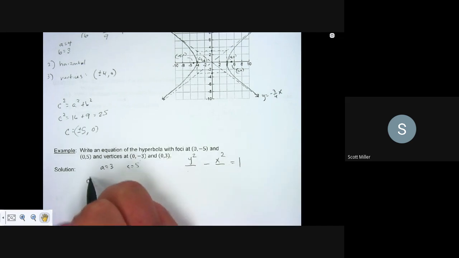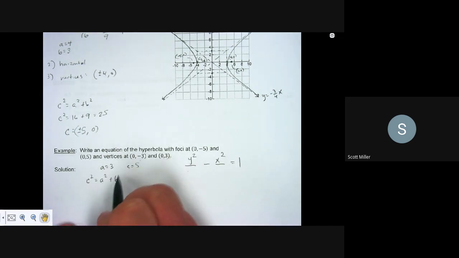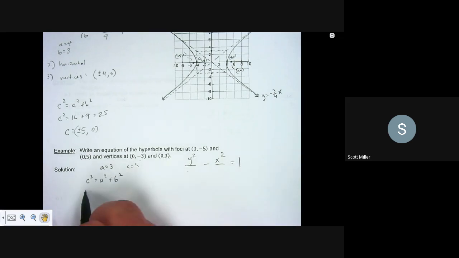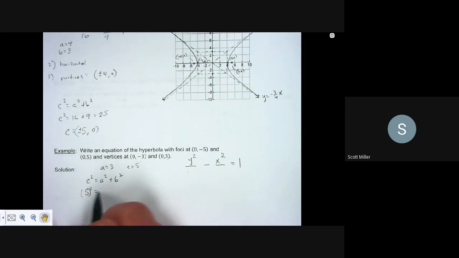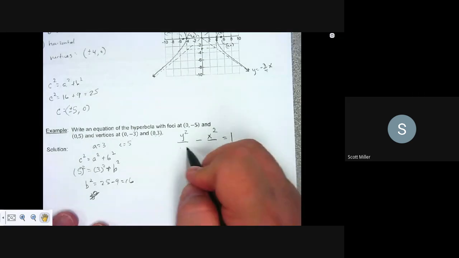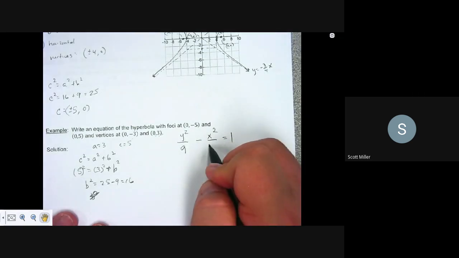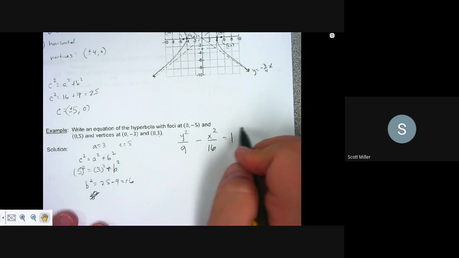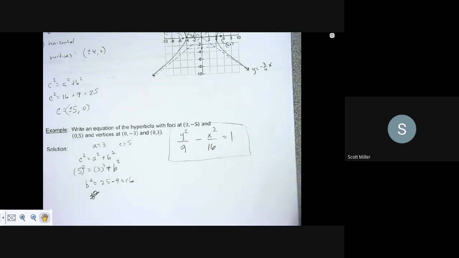So using C squared equals A squared plus B squared, plugging these numbers in, we have 5 squared equals 3 squared plus B squared. We can solve this out, and we get B squared is 25 minus 9, which is 16. So we can see that B squared is 16, so we don't need B. Okay, so we can put in our 3 squared here, which is 9, our B squared here, which is 16, and here's the equation of our hyperbola.